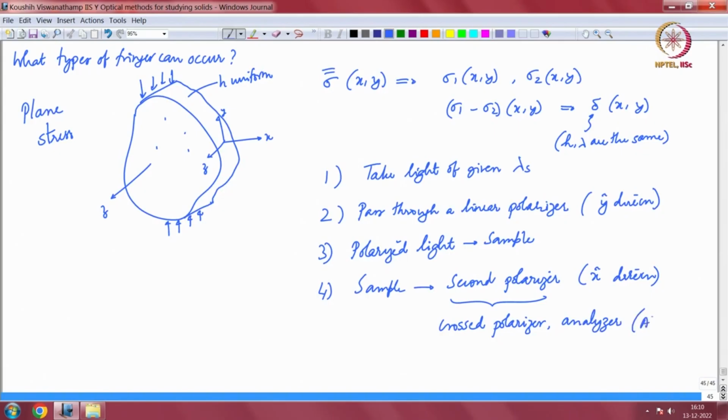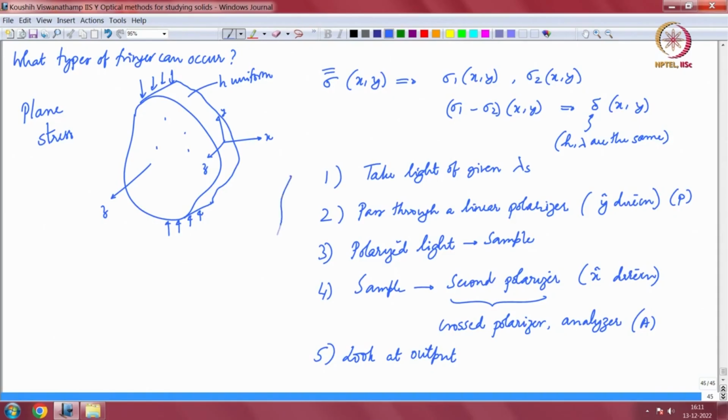We will usually call it A, and this one we will usually call P, and then we will look at it. If there were no stresses, if there was no birefringence, even though the material is optically transparent, the first step will give you white light, it will pass through the polarizer. The second step will give you linearly polarized light. The third step will pass that polarized light without any change through the sample, and the fourth step will completely cut it out, because it is perpendicular to the incident light.